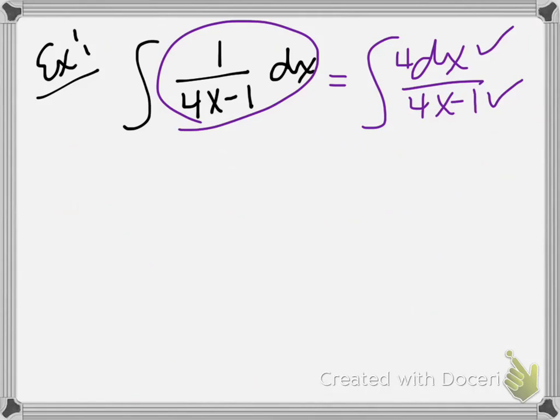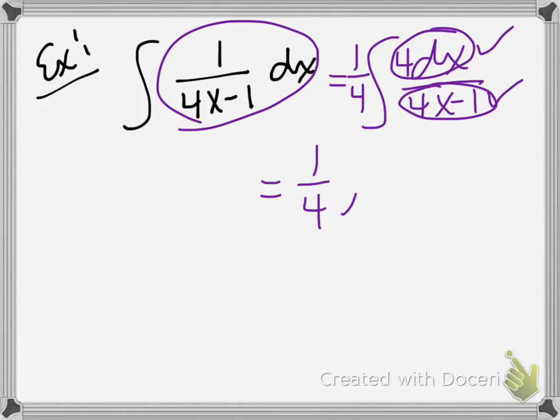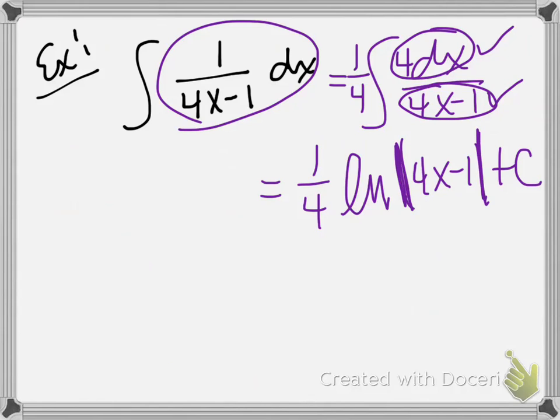Well, it's supposed to be 4 dx. And to balance that 4 that we just put in, we're going to put a 1/4 on the outside. So now when I integrate it, this takes the format of derivative divided by original function, which means it becomes the natural log of the denominator in absolute value bars plus c. That's all you got to do.